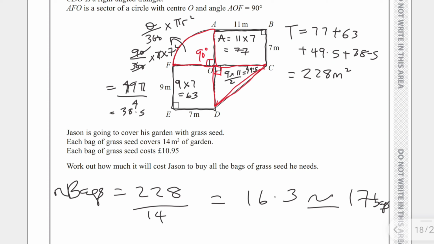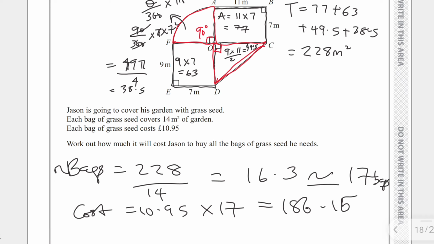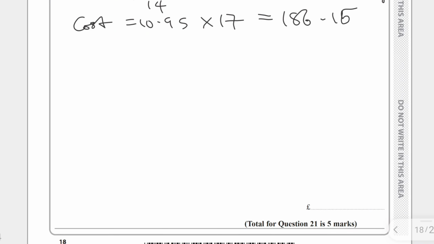So the cost is going to be 10.95 multiplied by 17 bags, and that gives us 186.15. So the answer is 186.15.